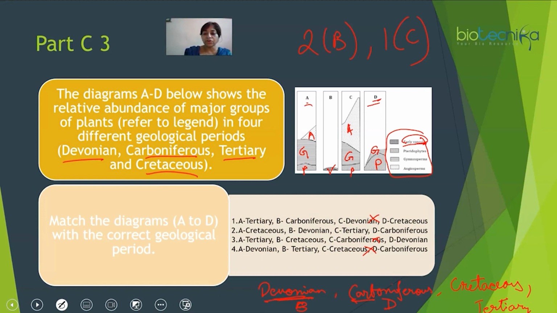Okay, so Cretaceous will be graph A, and for sure Tertiary will be graph C. As you see the legends here, A is for Cretaceous, B for Devonian, C for Tertiary, and D for Carboniferous. Once you arrange them like this, even if you don't remember, you can correlate by going by this logic of how plant development could have happened.